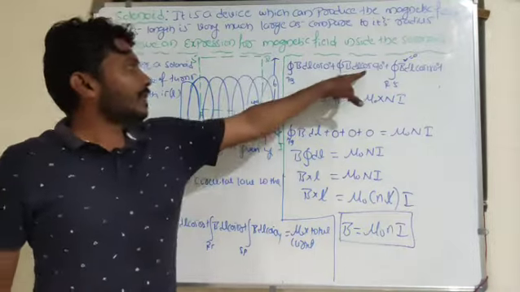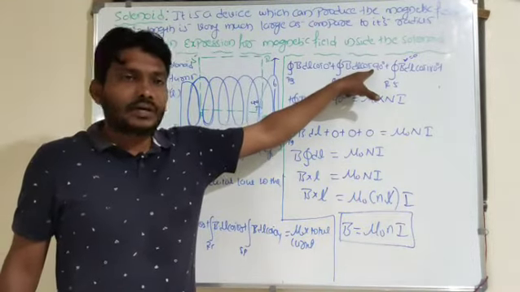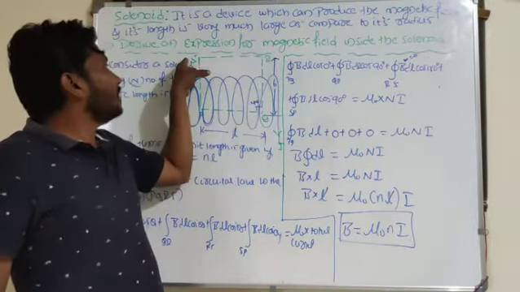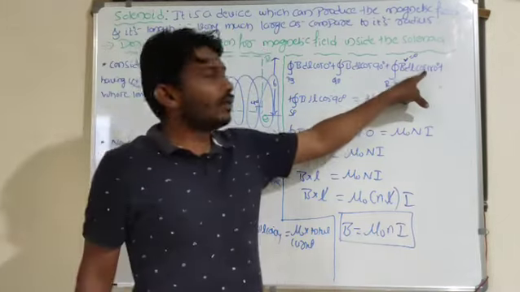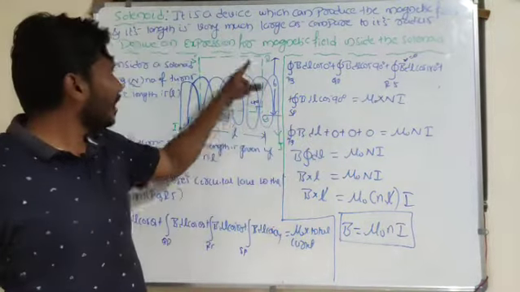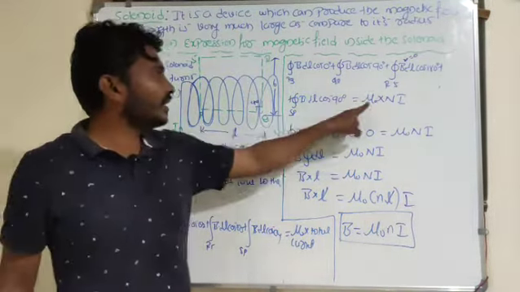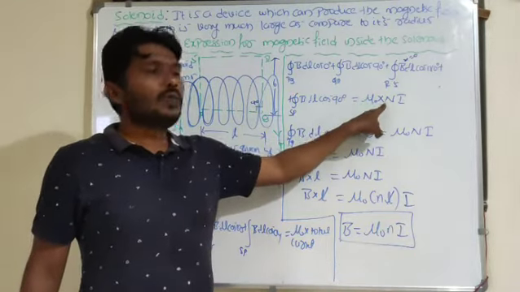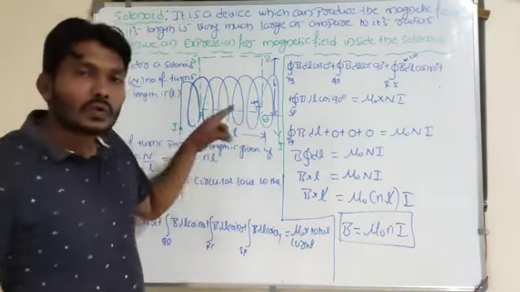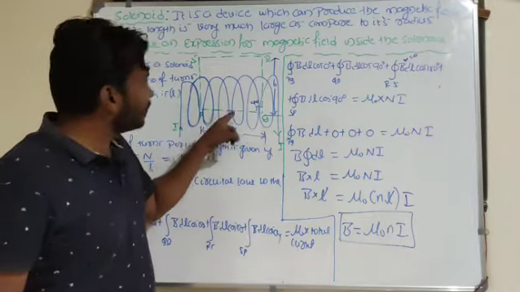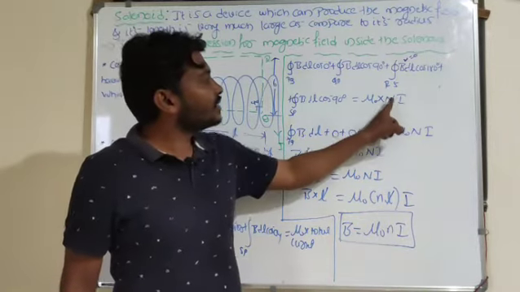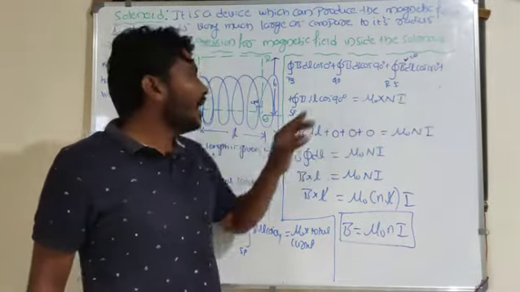Q to R is perpendicular, so theta value I took as 90 here. R to S is anti-parallel, so I took it as 180 degree here. And again S to P is also 90 degree. It is equal to mu naught times the total current. The total current depends on the number of turns, so I took total current as N into I here.